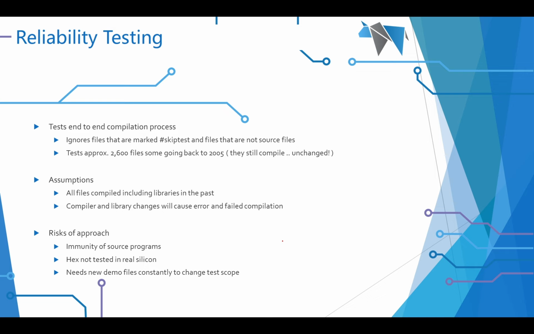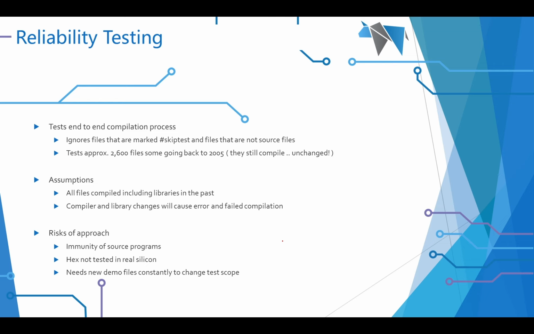Okay, there are some assumptions. There is an assumption that all the files in the past worked, and they did. They did work, therefore they should work tomorrow. And there is an assumption that the compiler and any library changes will cause an error and will therefore fail compilation.